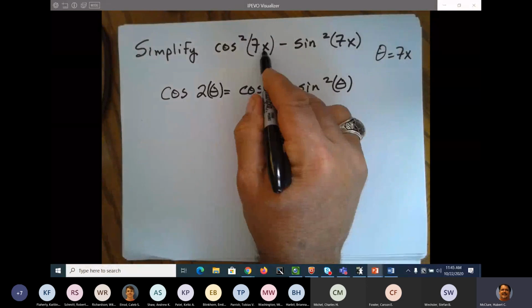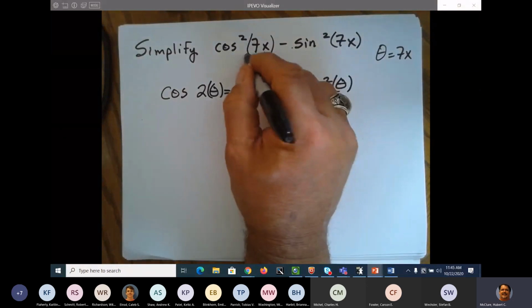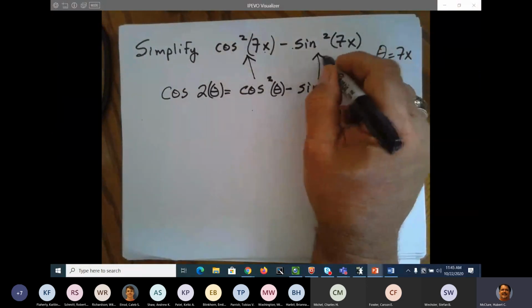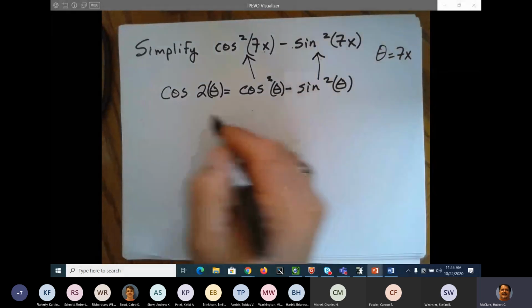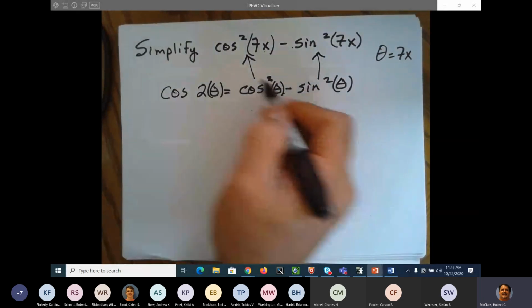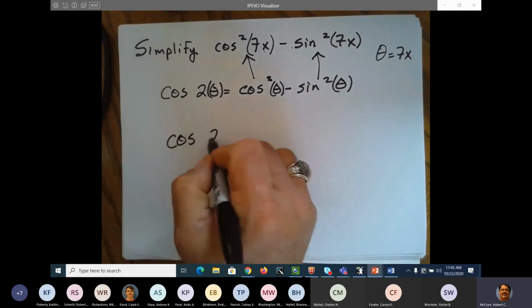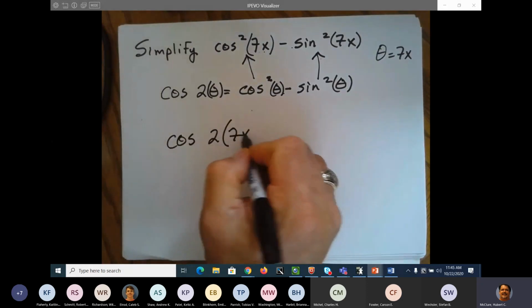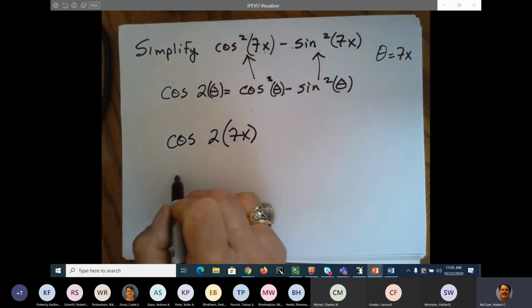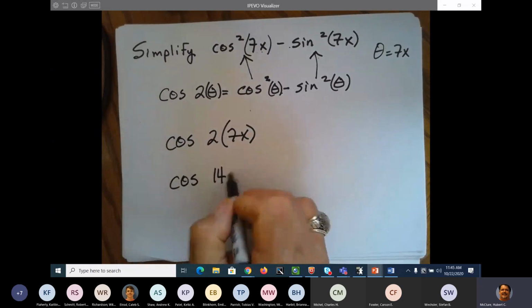Well, we've got 7x, and this looks like that, and this looks like that. So I can rewrite the right side as the left side and say cosine of 2 times 7x, which is equal to the cosine of 14x.